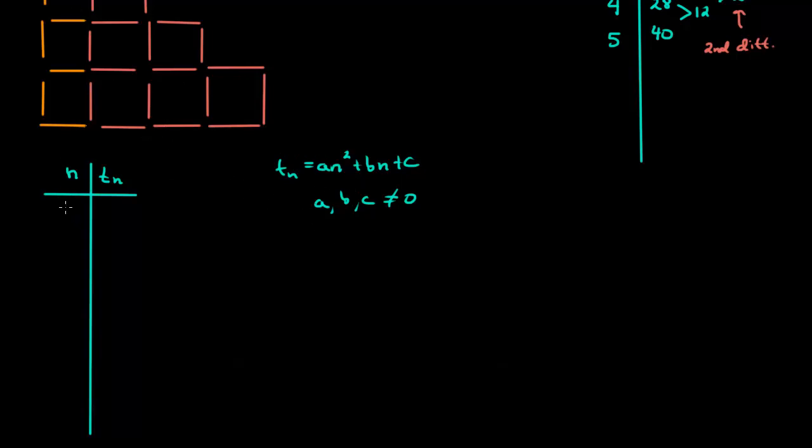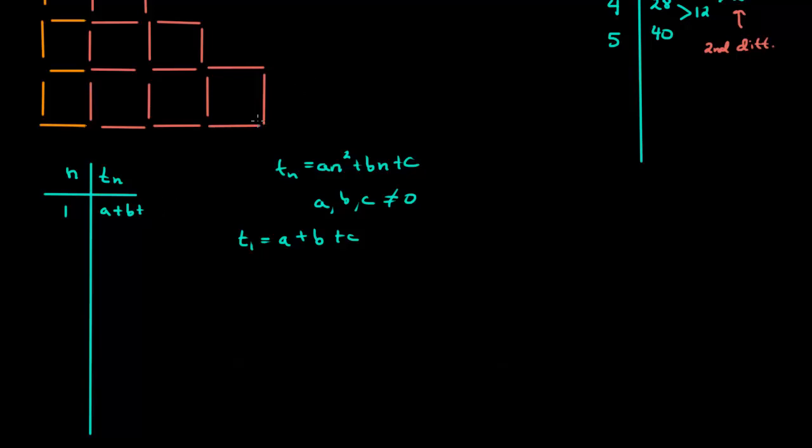So if n were 1, then t sub 1 would be a times 1 squared, which is just a, plus b times 1, which is b, plus c. So t sub 1 would be a plus b plus c.